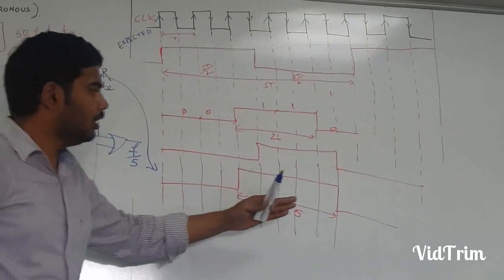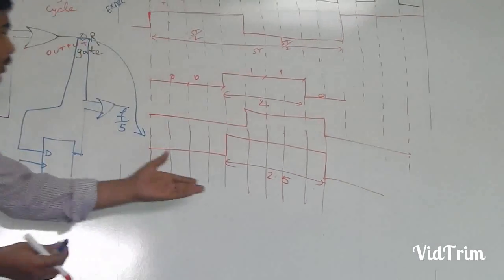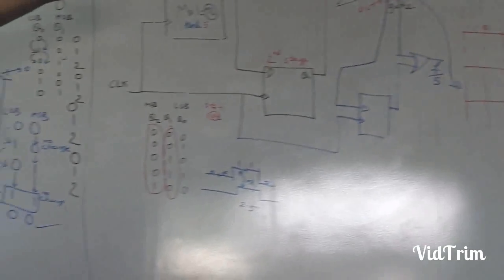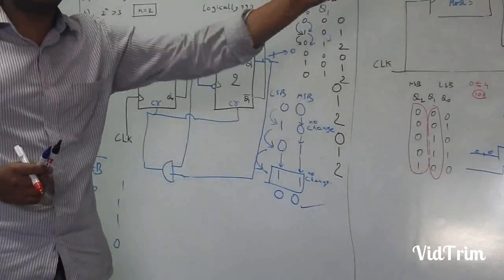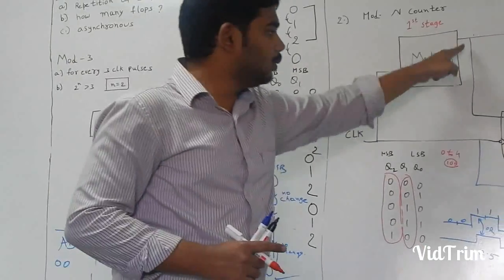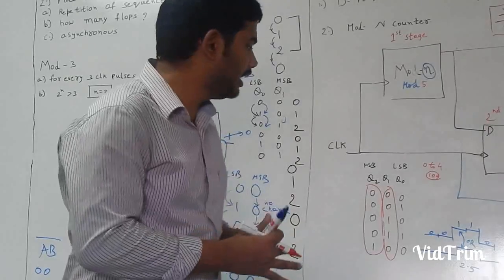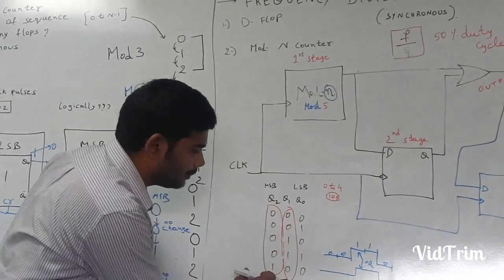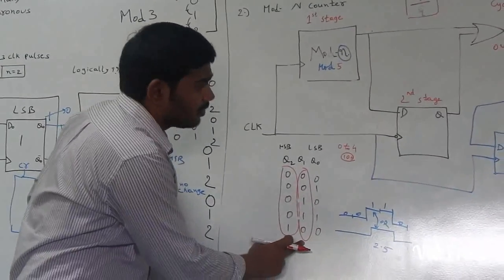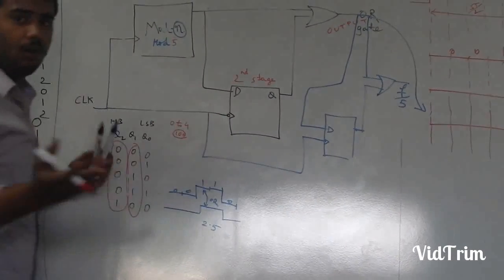So 2.5 on, 2.5 off, 2.5 on, 2.5 off. So that's it. Without drawing, I can simply say that I require a modulo counter, and I require its output sent to a negative edge capture, meaning half a clock pulse delay. So if I take Q1, should I need this extra flop? No.